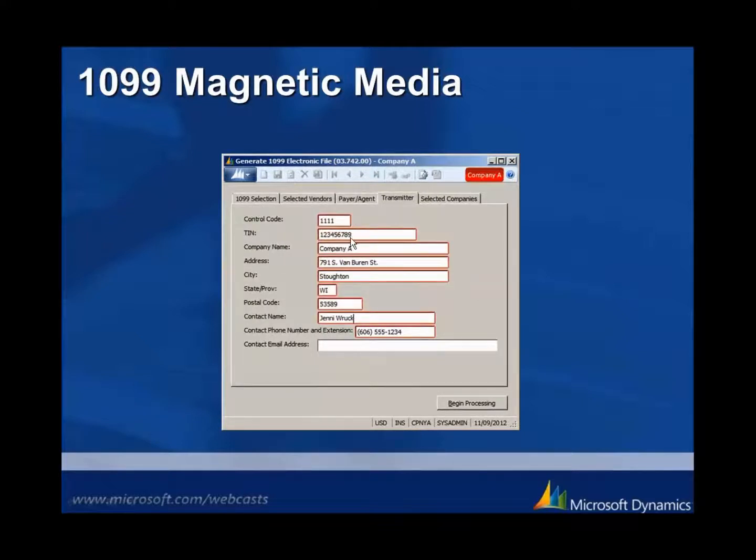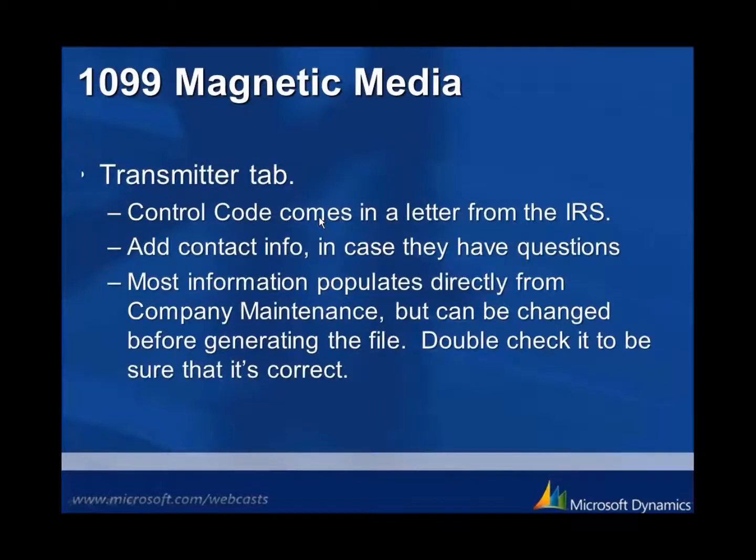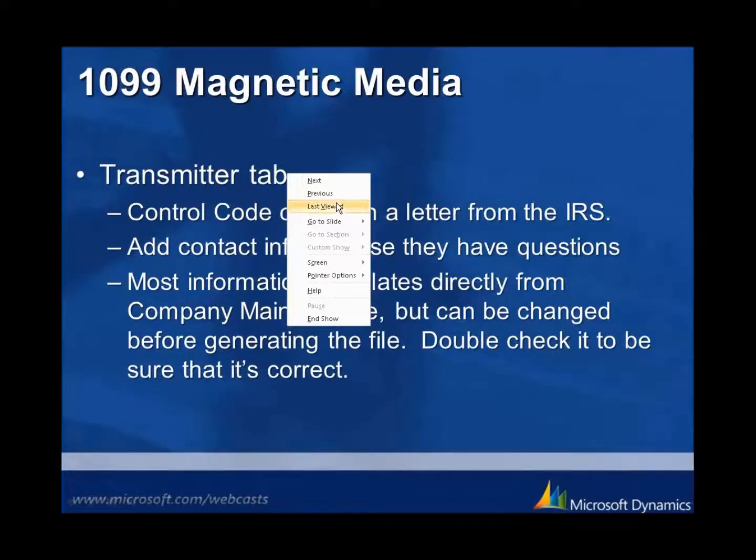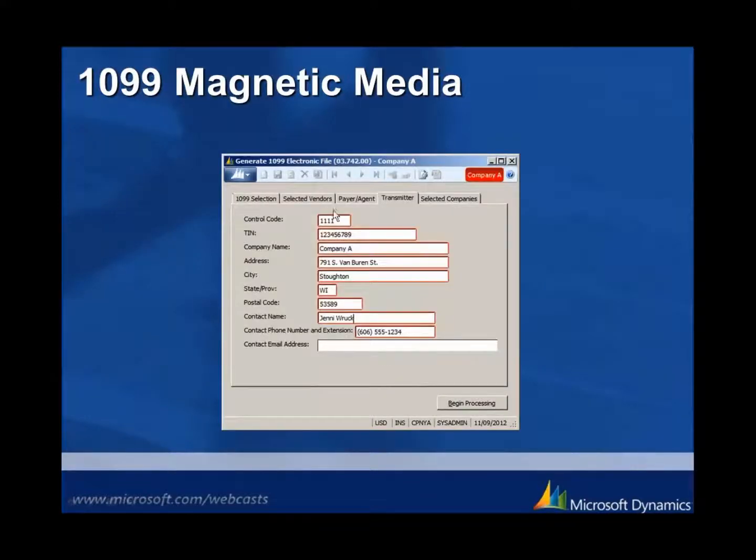Here is the spot that I was talking about where there are these required information fields. This control code up at the top, that's the one that they're going to give you. That's your control code.